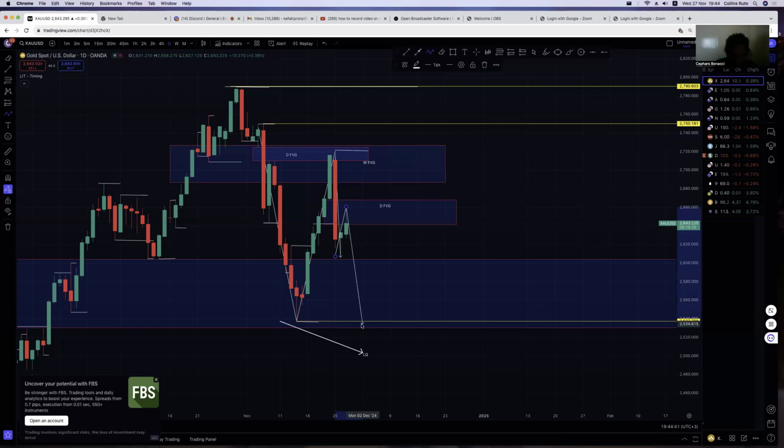This is where the liquidity is. Remember that after mitigating an imbalance, the wick of the last candle which tapped the imbalance will act as liquidity. So I'm anticipating that we are going down, down, down up to this mitigation.